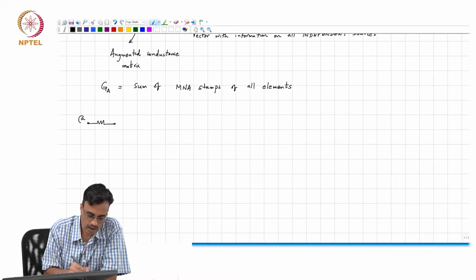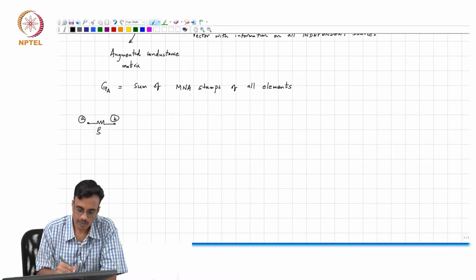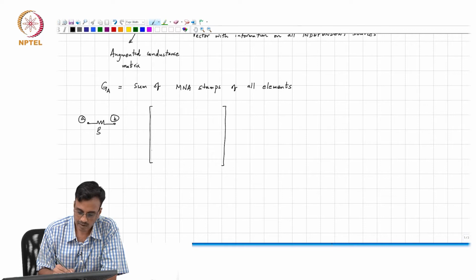So, this is node A and this is node B and this is a conductance G, and this is the conductance matrix or the augmented conductance matrix.